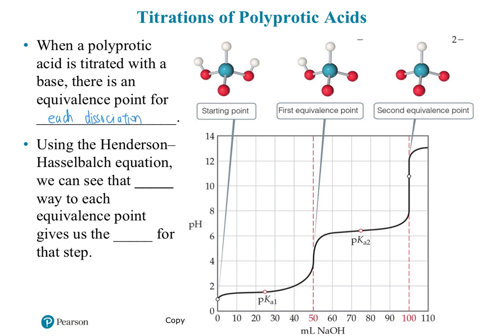I will not make you do one of these, but a cool thing is, and it doesn't even matter if you're doing polyprotic acids, we know that by using the Henderson-Hasselbalch equation, we can find that at this halfway point between our initial and our equivalence point, the pKa is equal to the pH at the halfway.